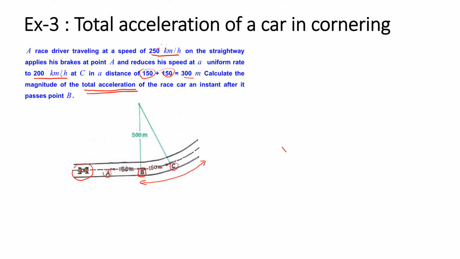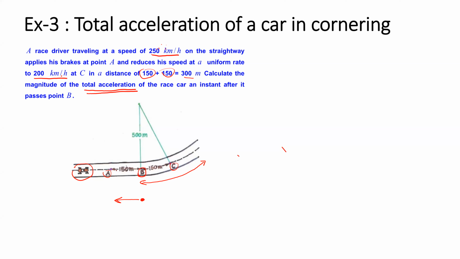So what we need to imagine is, the car is decelerating. So it should have the acceleration in the direction of the motion, the direction of the velocity. It should have the acceleration in the direction of the tangent.